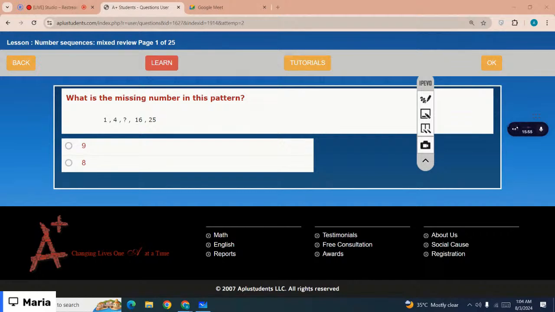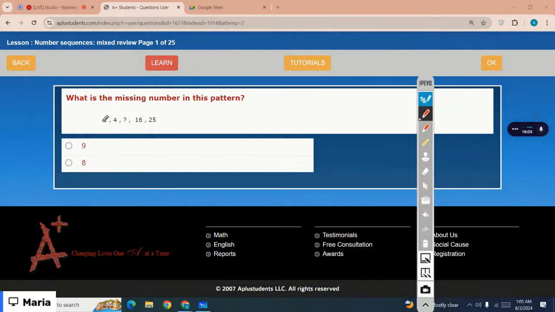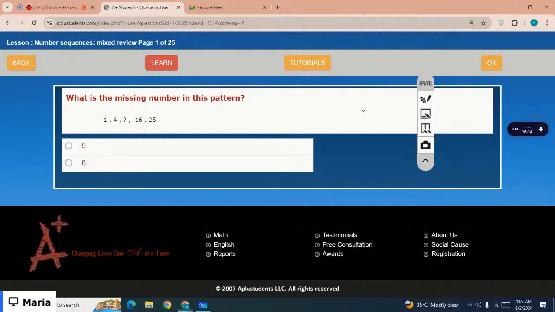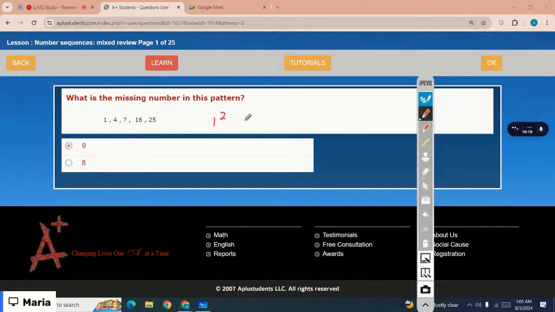Okay, what is the missing number in this pattern? So you need to find the missing number, right? So the missing number is option number one, it is 9, it is not 8. Why? The numbers are squares. Basically, they are 1 square, then 2 square, then 3 square, then 4 square and 5 square. 1 square is 1, 2 square is 4, 3 square is 9, 4 square is 16, and 5 square is 25.